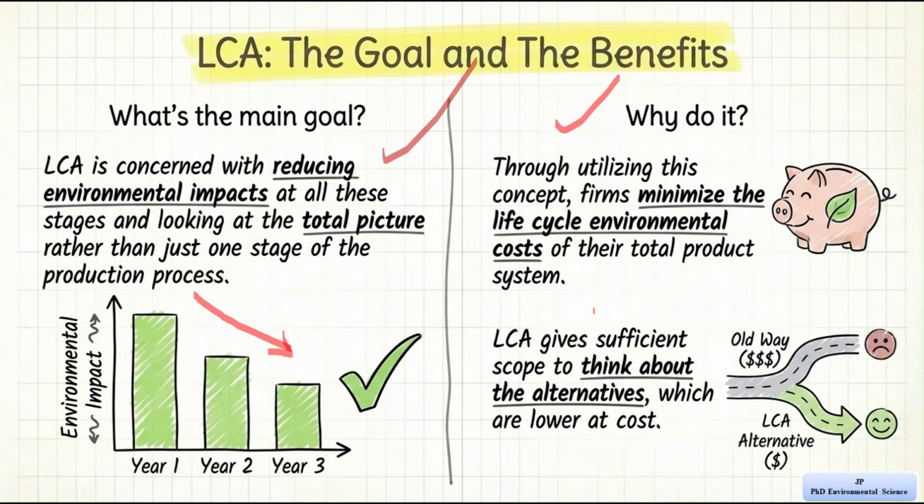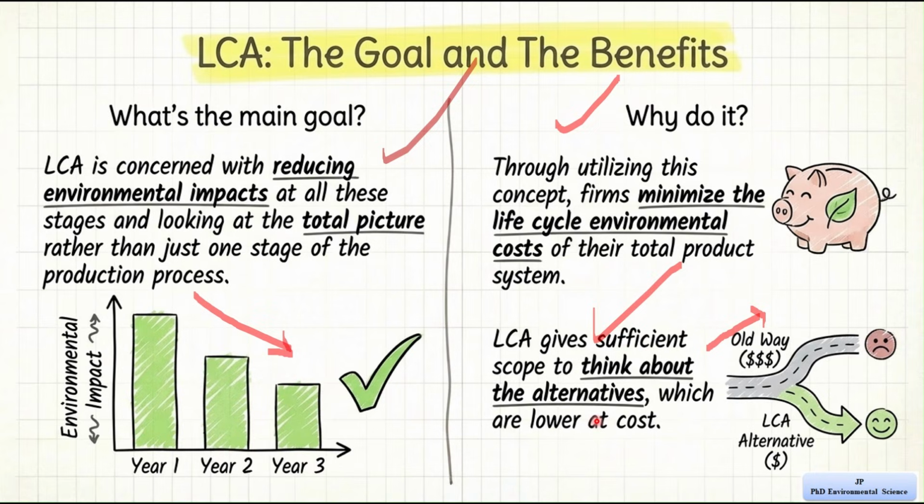It allows us to compare different methods. We can choose the option that causes less pollution and is more efficient. Example, one method may be expensive and harmful to the environment, another method may be cheaper and less harmful. So LCA helps us choose the better option.